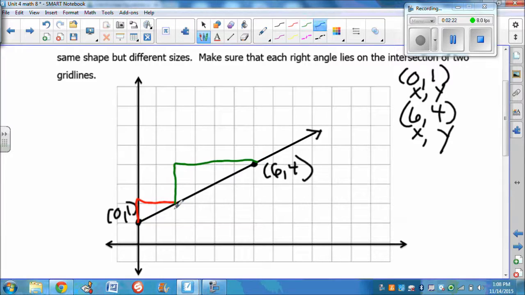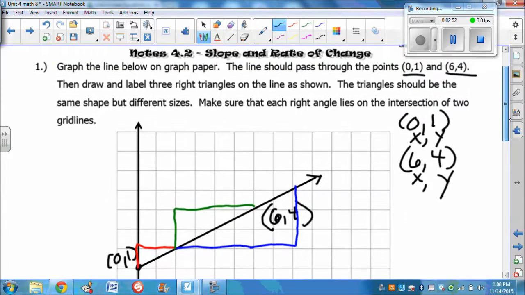And my third one, let's see, what do I want to do? Oh, let's go this way. Let's go over a little bit further, because that one's the same shape as the one I just got done doing. So let's continue. Make a little bit bigger one, okay? So 3 different sizes.